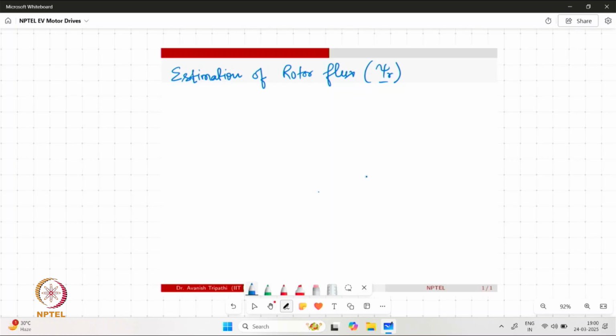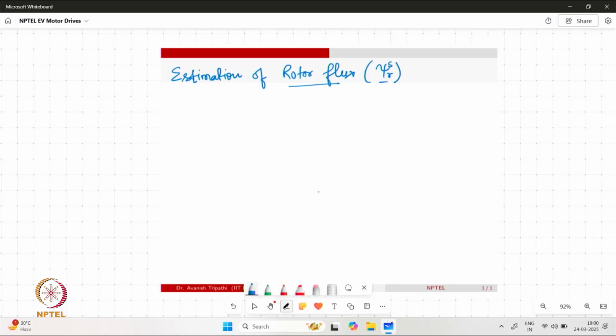And when we say that we are going to use this estimated rotor flux for computation of speed, unit vector, etc., we are referring to the rotor flux vector measurement or estimation in the stator frame of reference, which means eventually we are looking for components of rotor flux in the stationary alpha beta frame of reference.